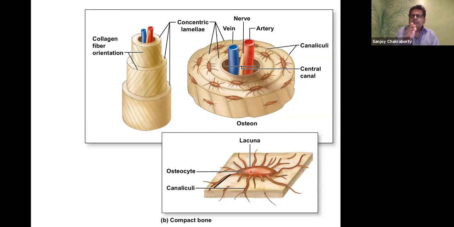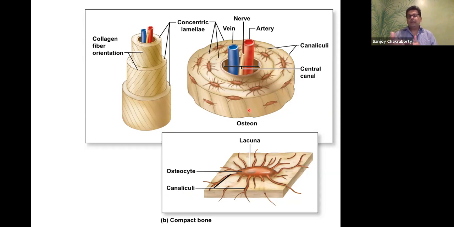Those cytoplasmic extensions create narrow channels called canaliculus. Canaliculus is the singular, canaliculi is plural. Through the canaliculi, they have their cytoplasmic extensions, and at the extensions they're catching the blood vessels so that they can collect the nutrients and get rid of the waste products, and then distribute among themselves. So they literally created a social network outside them.